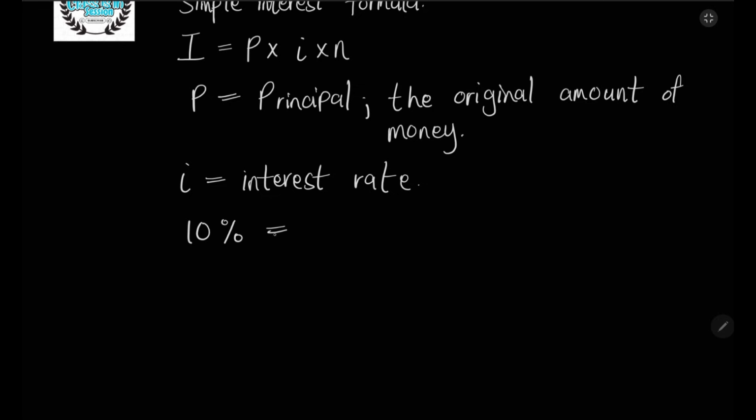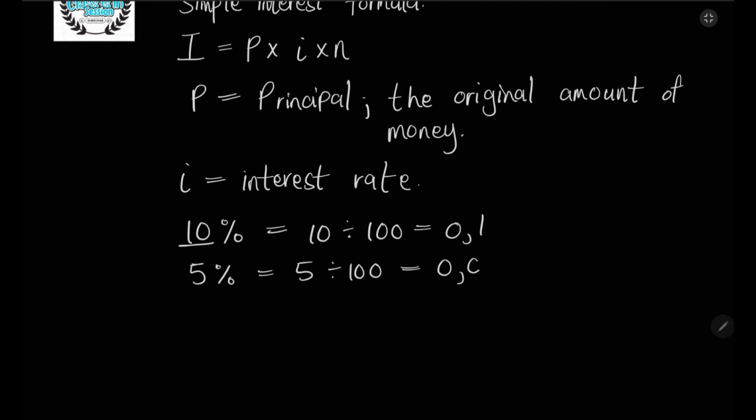We have to say 10 divided by 100, which is 0.1. 5% could be 5 divided by 100, which is 0.05. Then 8%, it'll be 8 divided by 100, which is 0.08. So now you guys know the interest rate.